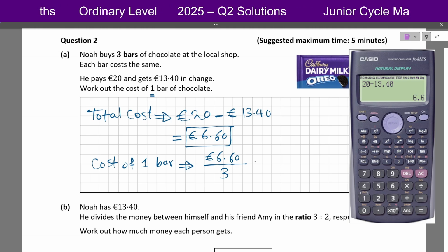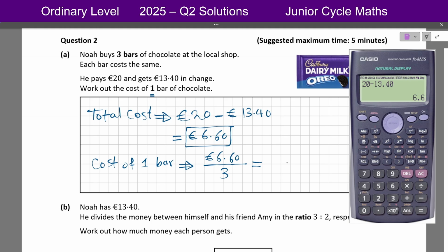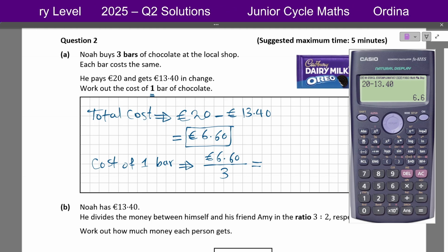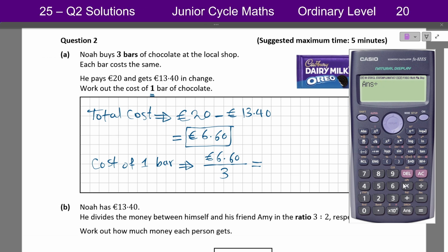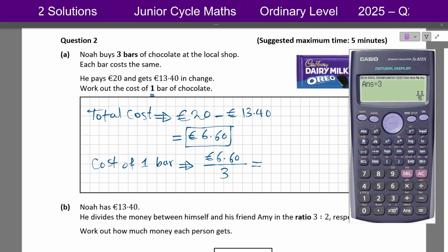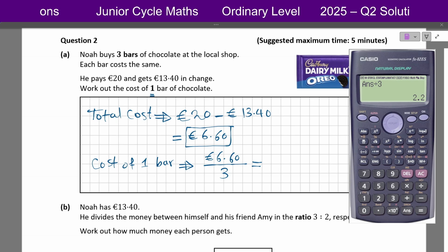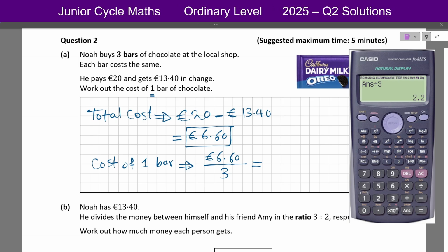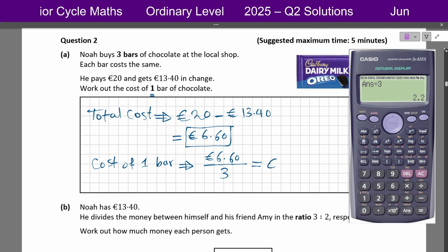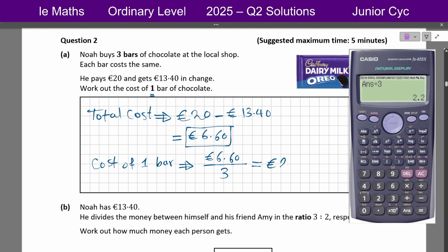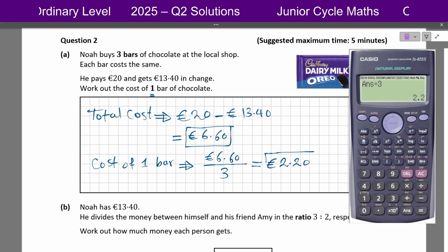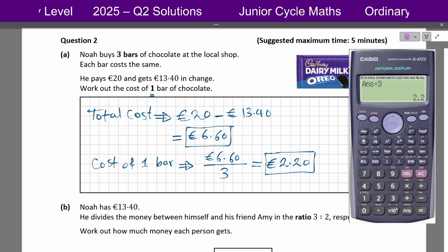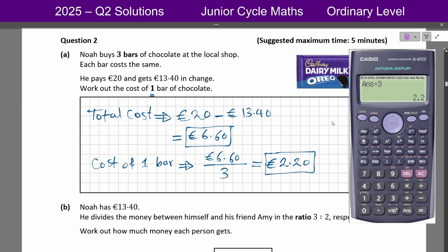We can use the calculator here as well, dividing the previous answer by 3. The answer is 2 euros and 20 cents. So that's the correct answer of the first part.